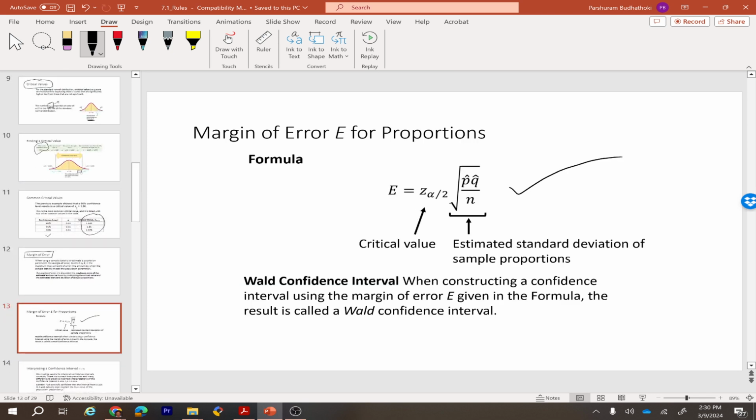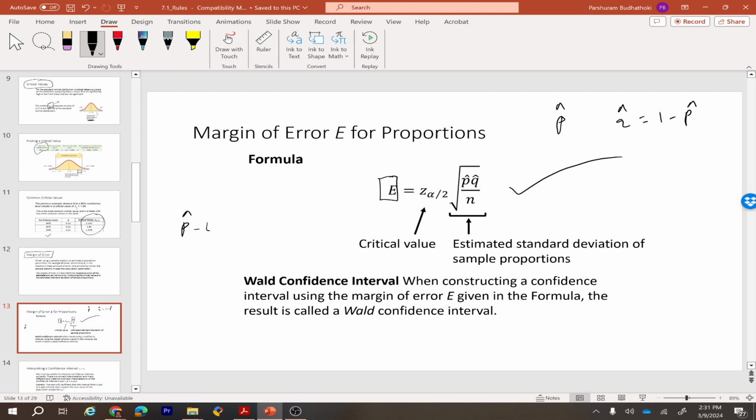The margin of error, which is denoted by E, is the z-score for the critical value times the estimated standard deviation. So here p-hat is the sample proportion, q-hat is 1 minus p-hat, and n is the sample size. Using this formula, we can calculate a confidence interval.